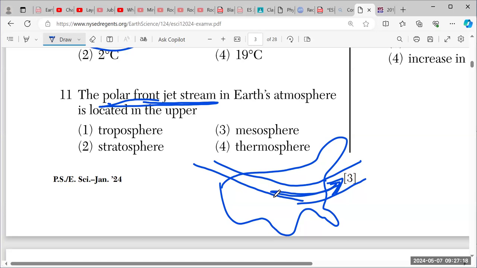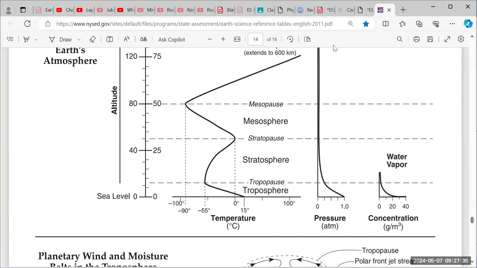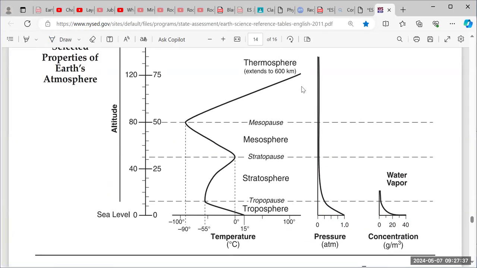It plays a role. When I'm looking, I'm just like, I don't remember much about jet streams. I know it has something to do with weather. And where do I find all these names talking about the Earth's atmosphere? It's on page 14 of the reference tables. So I know one of these layers has to tell me where jet streams travel.